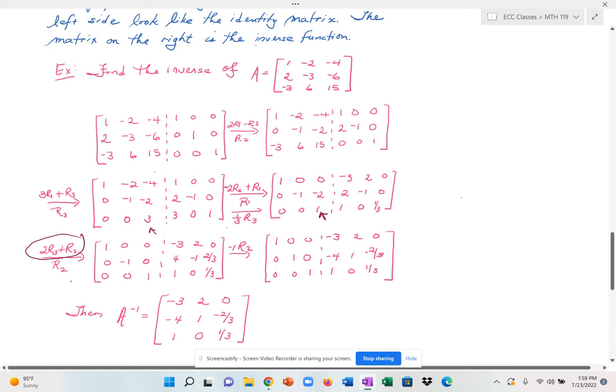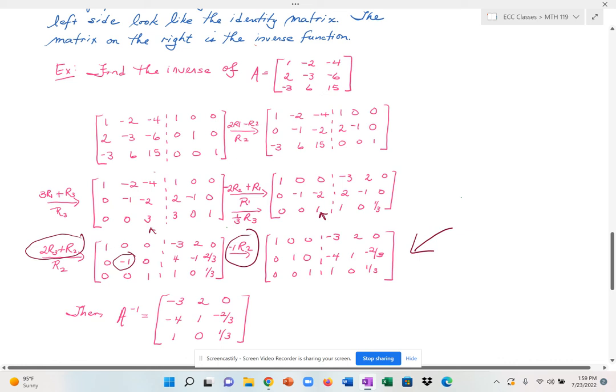Only row 2 is changing. So row 1 and 3 get copied down. And my new row 2, when I do 2 times row 3 plus row 2, will become 0, -1, 0, 4, -1, 2/3. And then the last thing I need to do is to make this -1 into a positive. So I'm just going to multiply row 2 by -1.